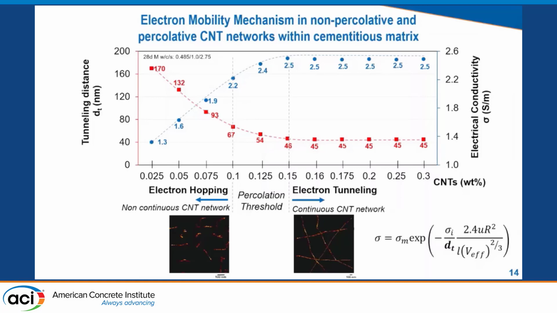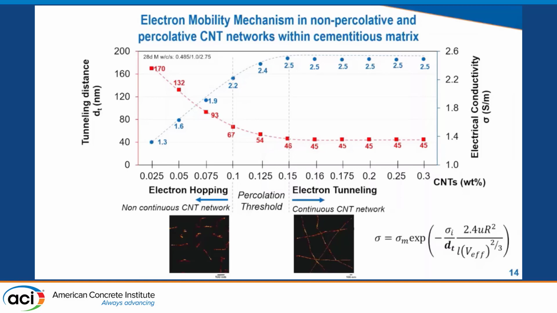From the calculations, as expected, the electrical conductivity increases from 1.3 to 2.5 Siemens per meter, and then reaches a plateau, independent from the carbon nanotube content. From electrochemical impedance spectroscopy and the theory, we know that once the electrical conductivity reaches a plateau, we talk about the percolation threshold.